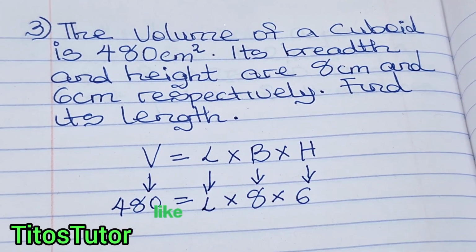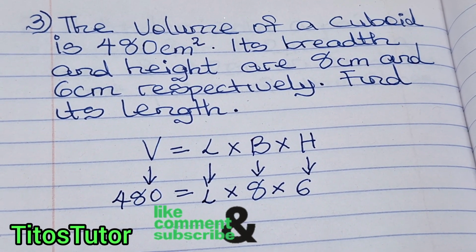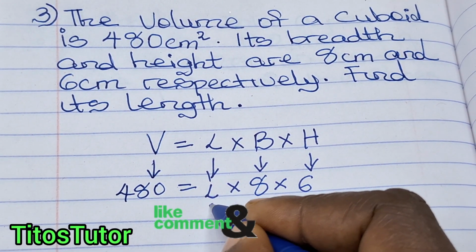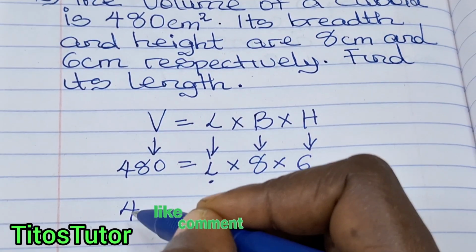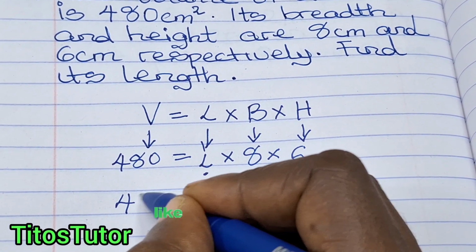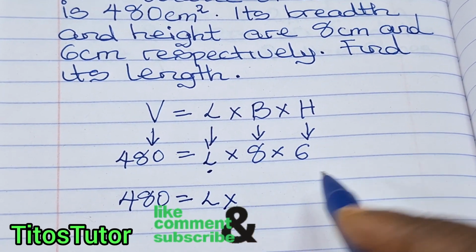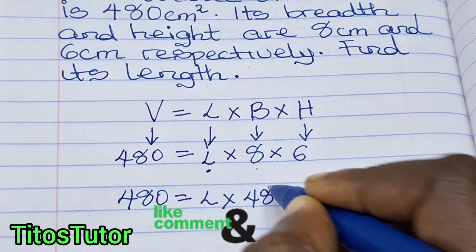We do not know the length, but we know the volume to be 480. So we have substituted all the information given to us in the question. Now it's time to solve for the unknown, which is L. So let's simplify. 480 is equal to L times 8 times 6 is 48.